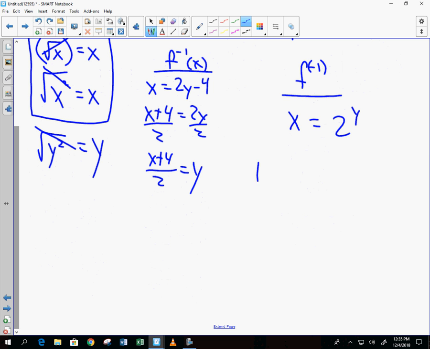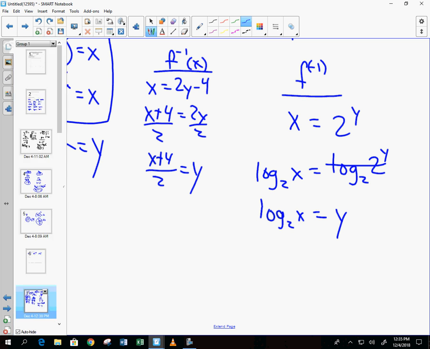You take the log base 2 of both sides. And what happens is these are inverse operations. They cancel each other out, and they leave you with just the y. They undo each other. So this will now make sense to you.